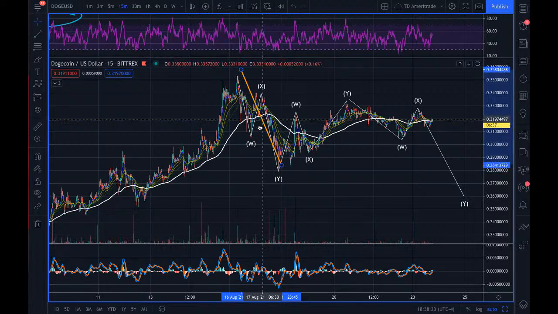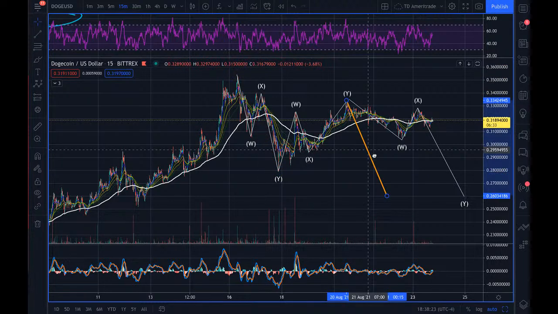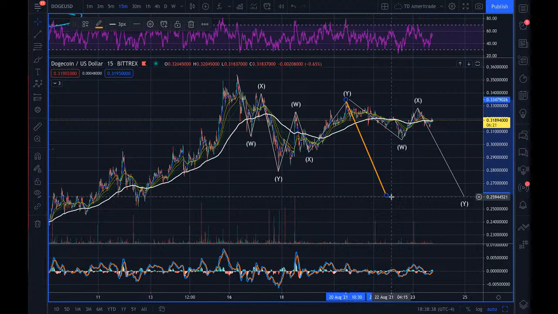I just measured it really quick with a line tool. You can measure that in other ways as well. And if this was the top of that wave, then it's going to come down to around 26.